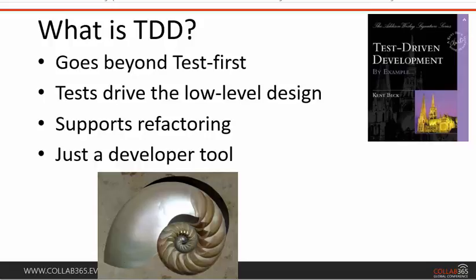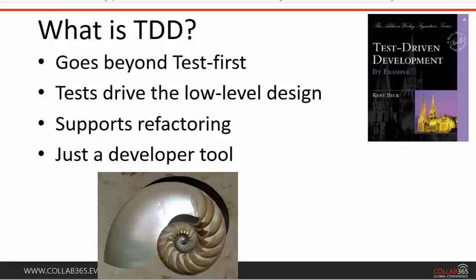So test first forces you to build the tests before you do the production code, and test-driven development takes that one level further and says that the tests are really what is going to drive the low-level design of your code. And to some extent the tests then support documentation of the code. They become almost code documentation and replace what we used to do. If you remember, people who have been doing development for a while will probably remember writing 600-page detailed design documents for capturing the low-level design of code. So tests can kind of do that for us as well.